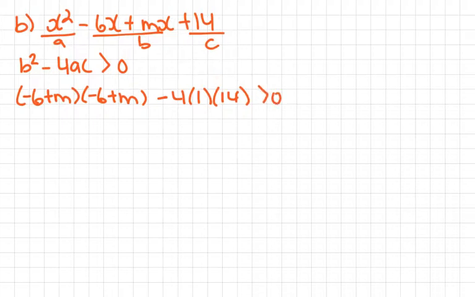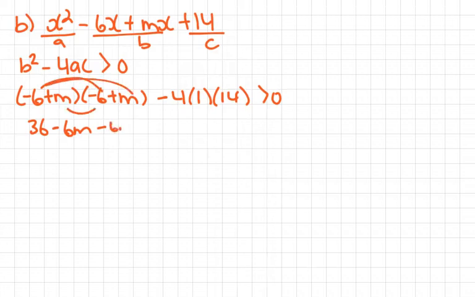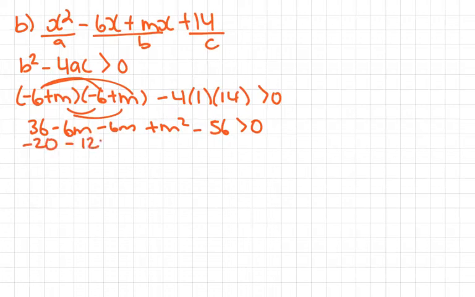I'm left with 36 minus 6m minus another 6m plus m squared minus 56. Simplify that to be negative 20 minus 12m plus m squared is greater than 0.